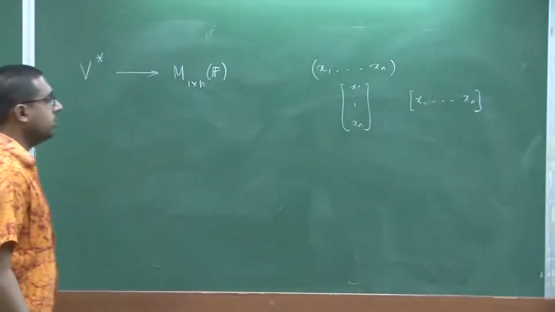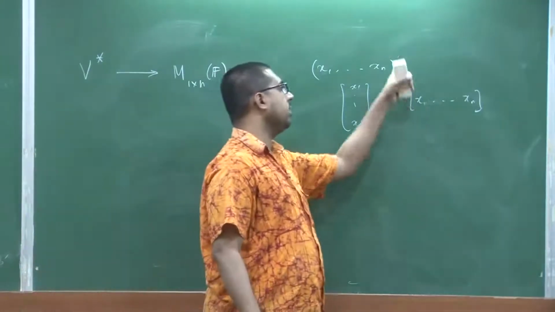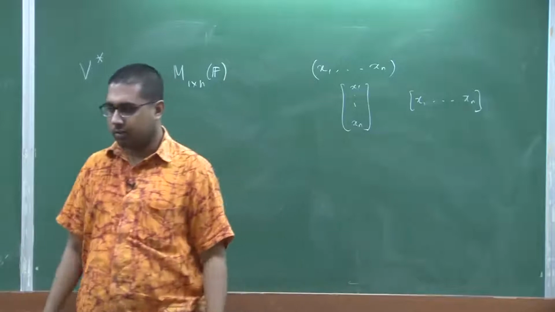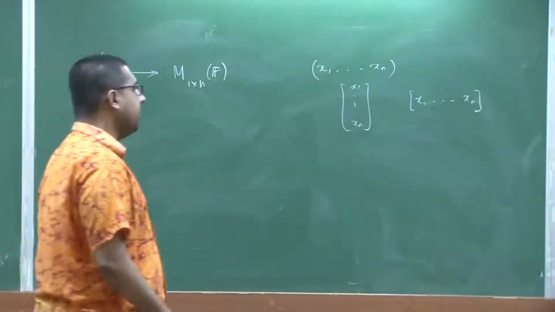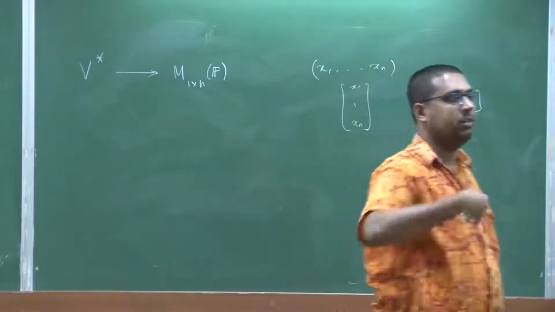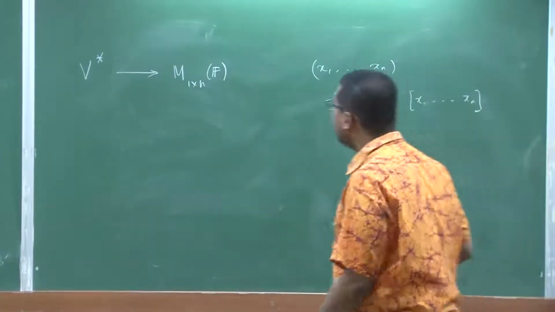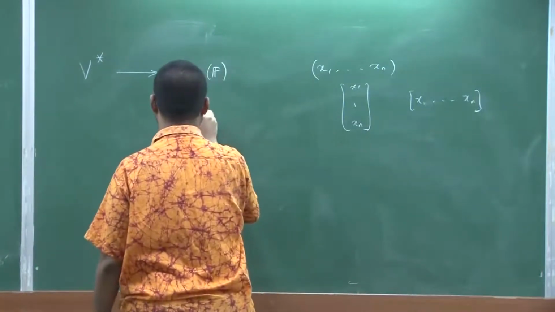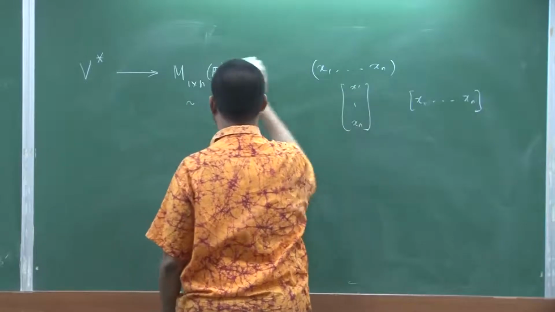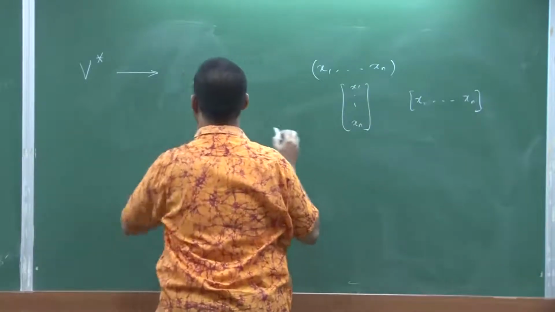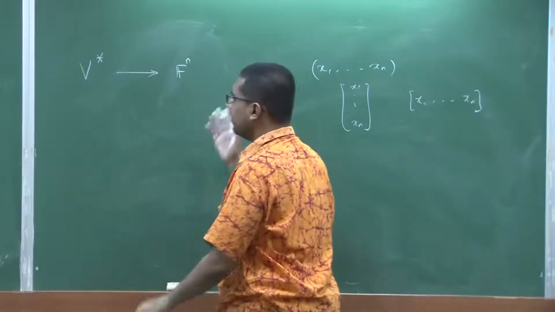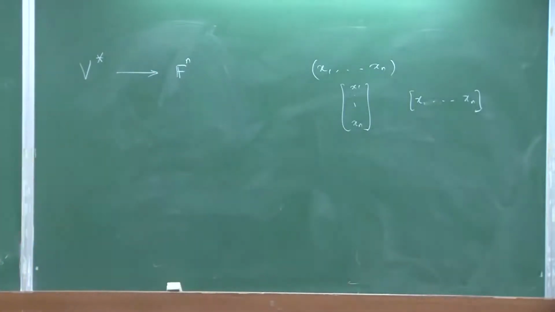Whenever you have a row matrix or a column matrix, you can immediately get the tuple, and from a tuple we can get it back. So we will consider Fn in place of F to the 1 cross n.